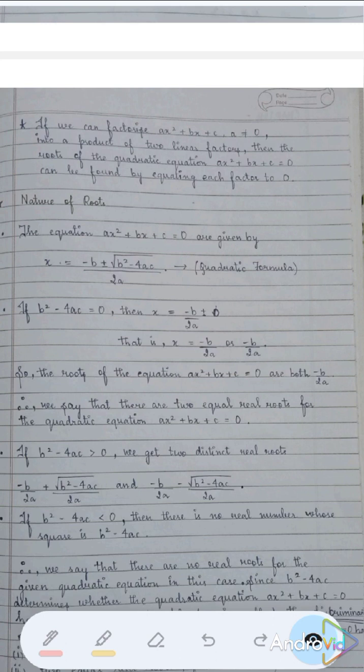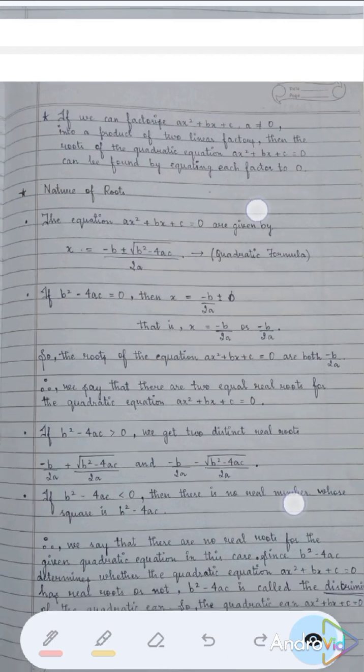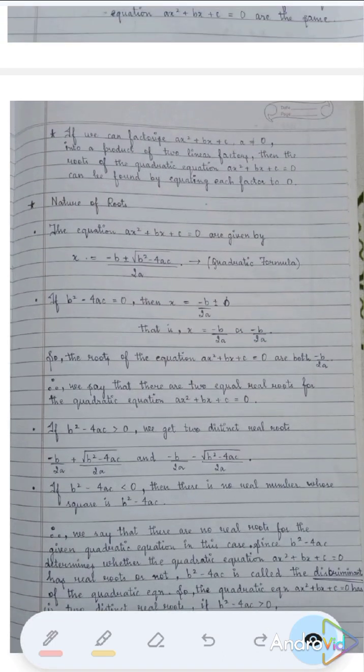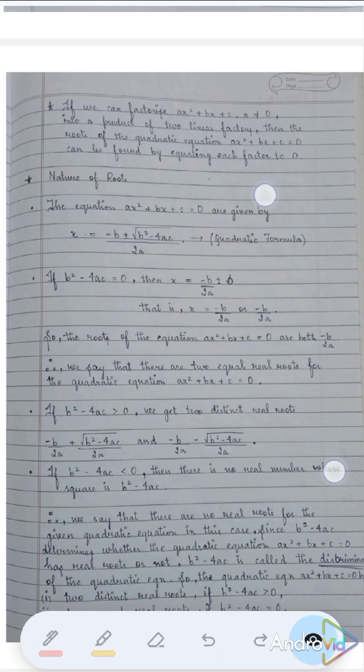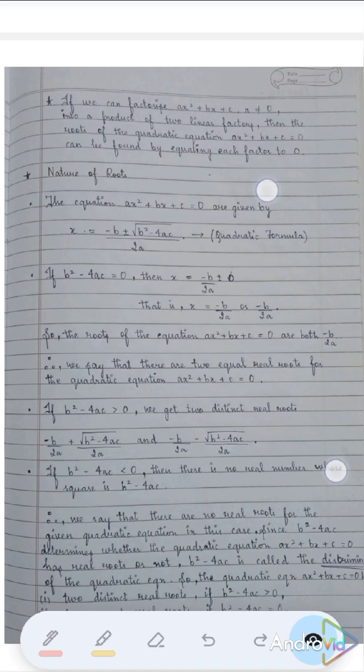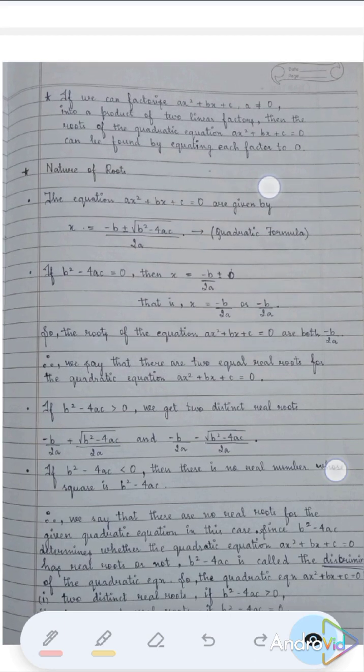That is, two equal and real roots for the quadratic equation ax square plus bx plus c equals 0, when the discriminant value b square minus 4ac is equal to 0.